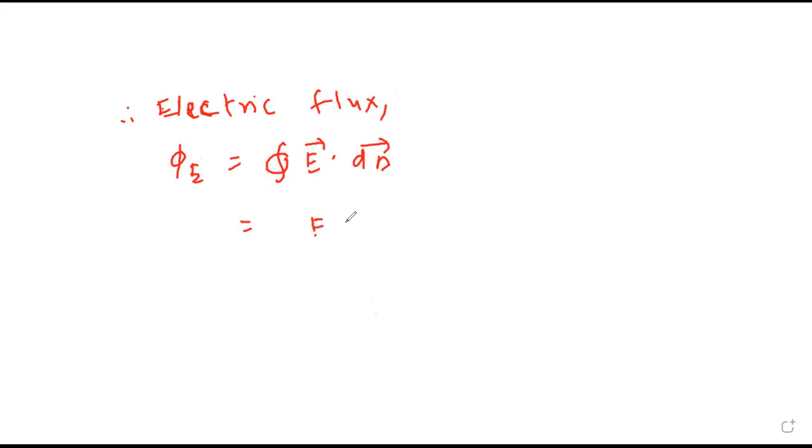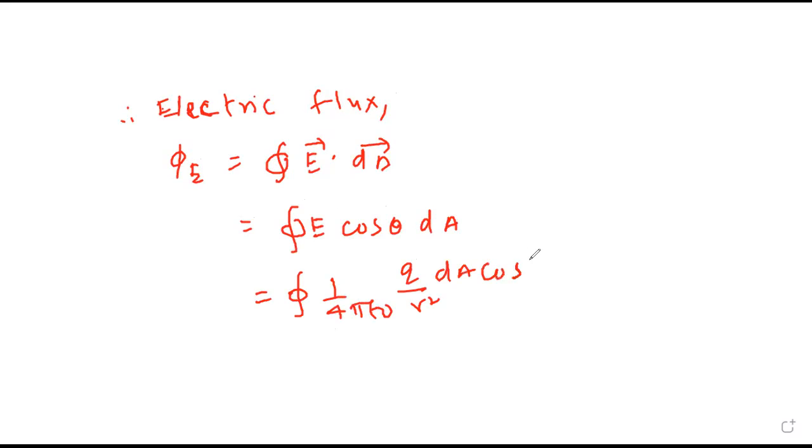So therefore E cos theta dA, integration over closed surface, 1 upon 4 pi epsilon naught Q upon r square dA cos theta. So Q upon 4 pi epsilon naught integral of dA cos theta upon r square.